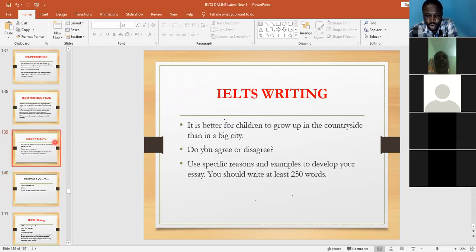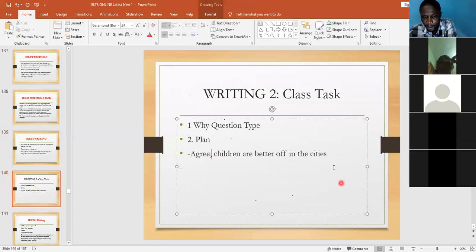Okay, you are trying to say that the conservative nature of the rural areas contributes to the mannerism of children. Okay, no problem. Agree: children are better off in the countryside. Any other points?